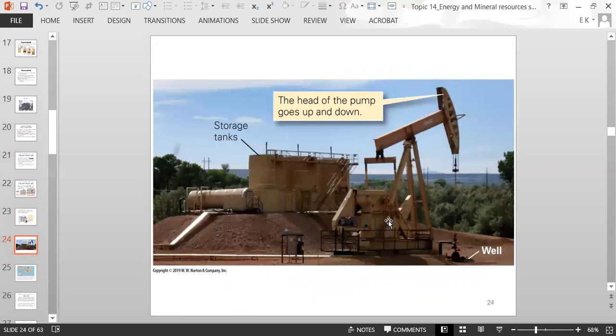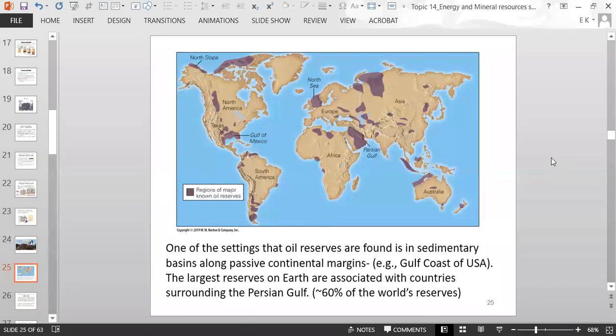This is what it looks like, right? You have this oil well and here's a pump, and this stores the oil or the gas that is extracted. And this shows you regions of major known oil reserves.